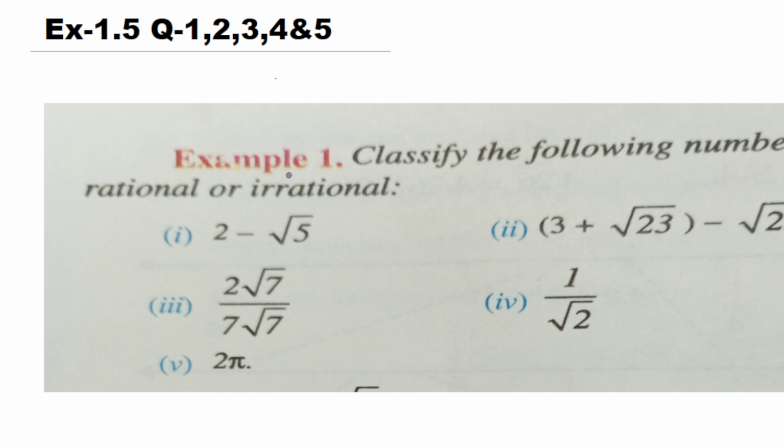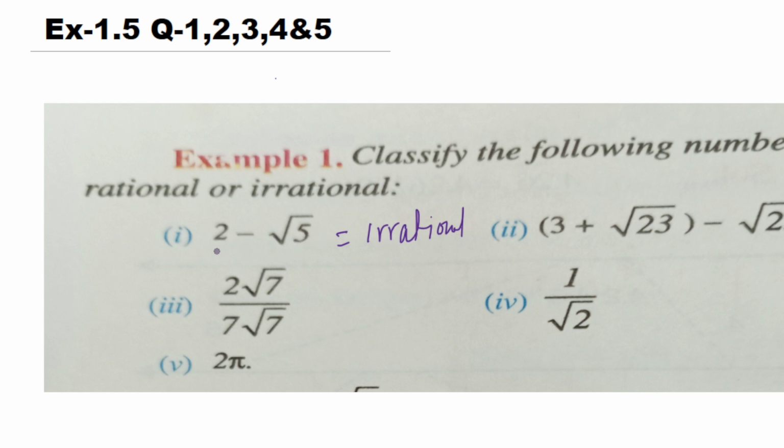What are the questions? Example 1. Classify the following numbers as rational or irrational. So I have to check these 5 questions. We have to see which is rational and which is irrational. So this is irrational.